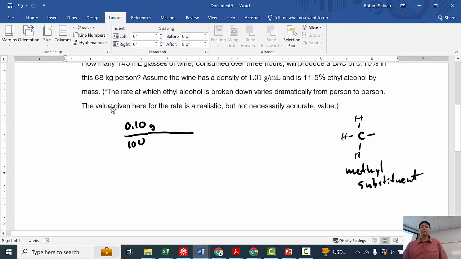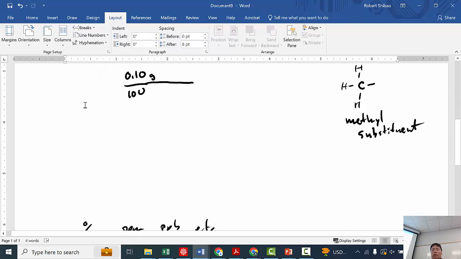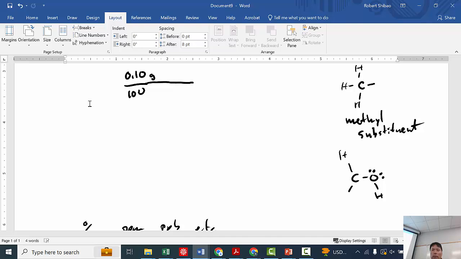For example, we could attach that methyl group to an alcohol. What does an alcohol group look like? An alcohol group looks like an OH. And this would be called methyl alcohol.